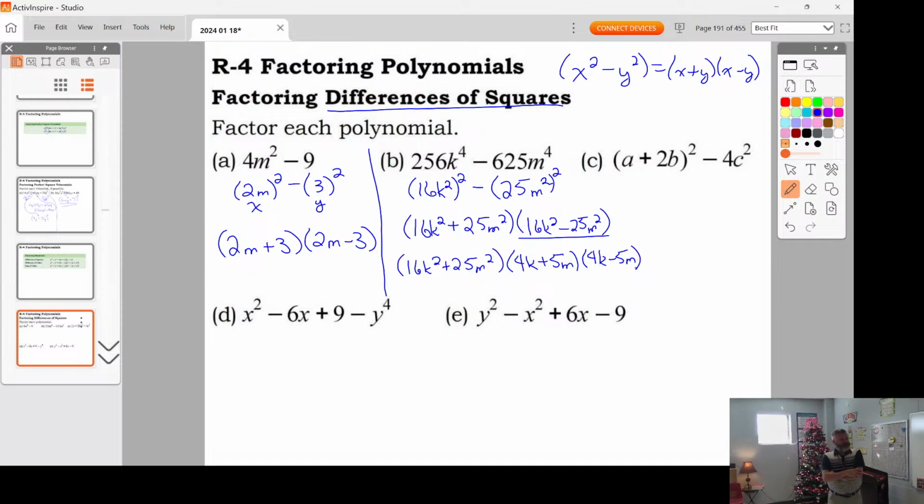How about part C? Y'all are smart. Give it a shot. Perfect square minus a perfect square. See what you get.